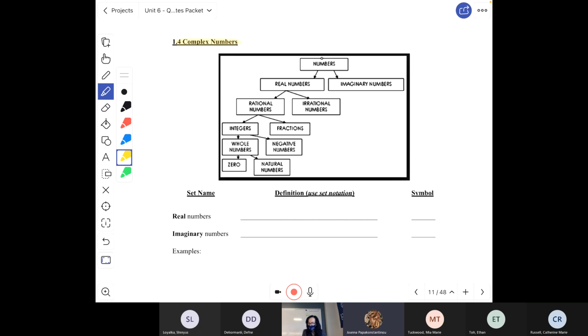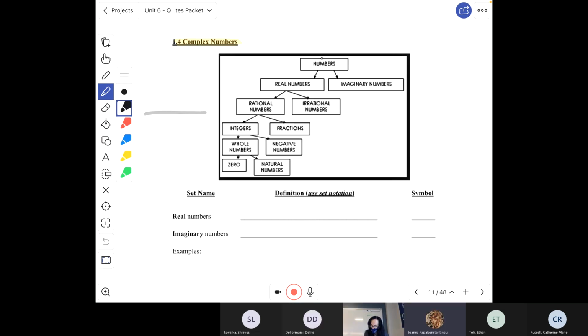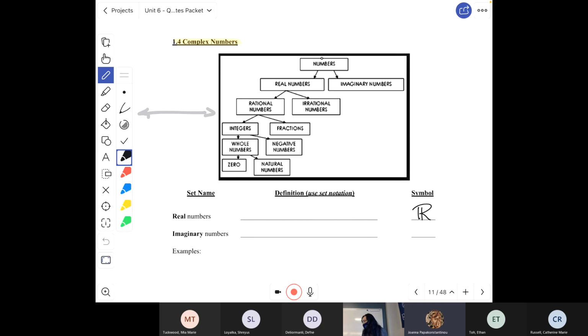So if we think back to everything that we've done so far, remember when we built the number line, if you recall, we had our real number line. And if we remember, we represented that with the symbol, the double struck bar R, right? So that was our set of real numbers.